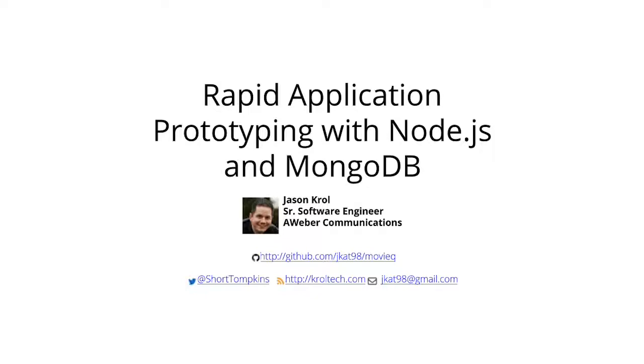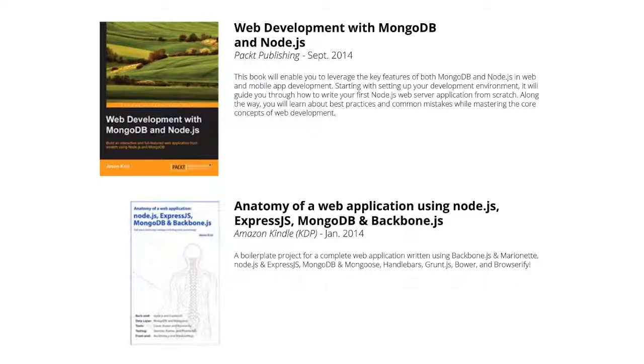As you can see, this is going to be a talk about rapid application development. I did want to preface the talk by saying I have a book that I've written recently. It was published back in September, and the top one there is Web Development with MongoDB and Node.js. That book covers pretty much the full spectrum of writing a complete interactive application using Node, Express, and MongoDB specifically.